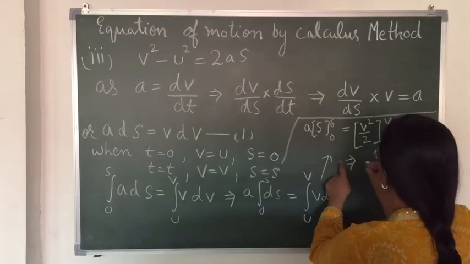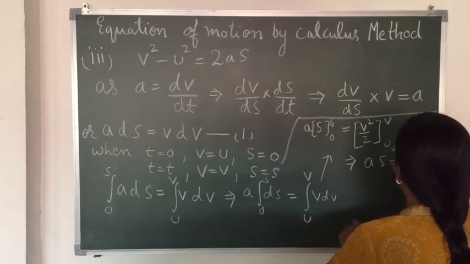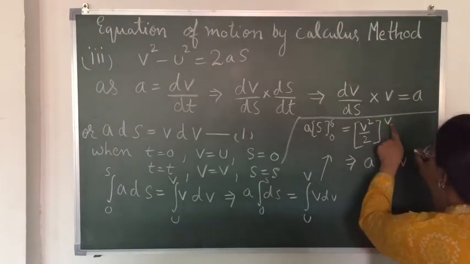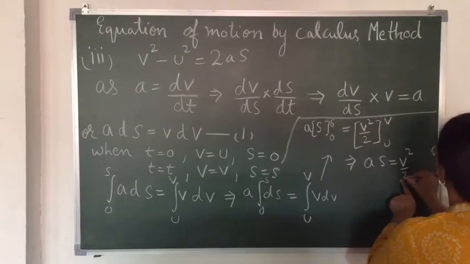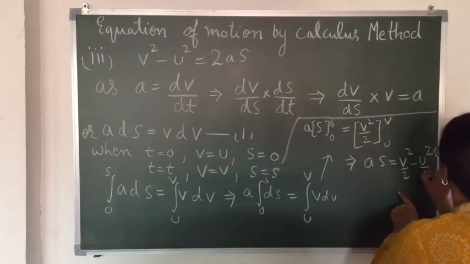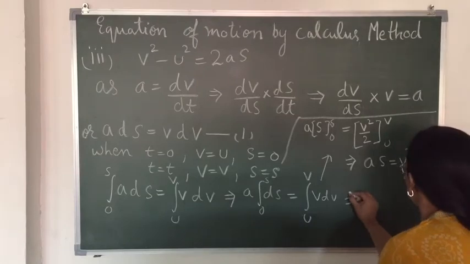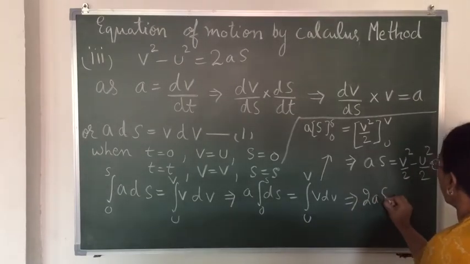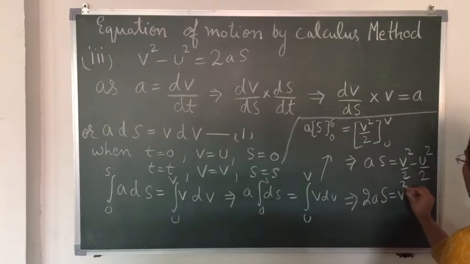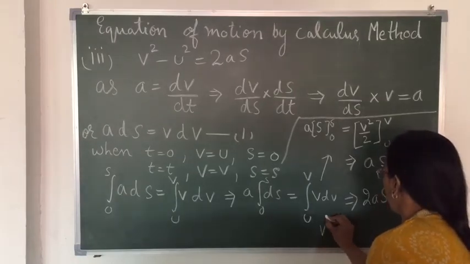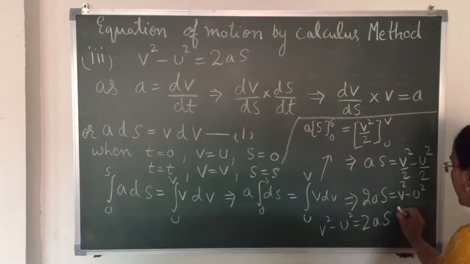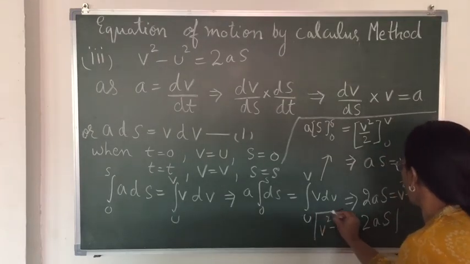This implies as is equal to, now apply the limit, final limit minus initial limit, so 2as is equal to v² minus u², or v² minus u² = 2as. This is the third equation of motion.